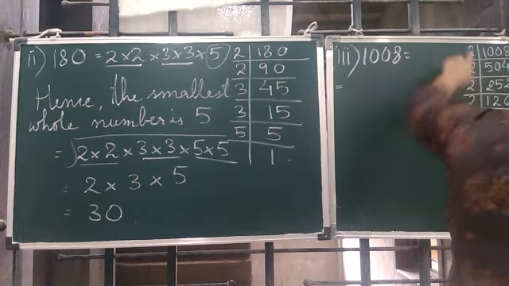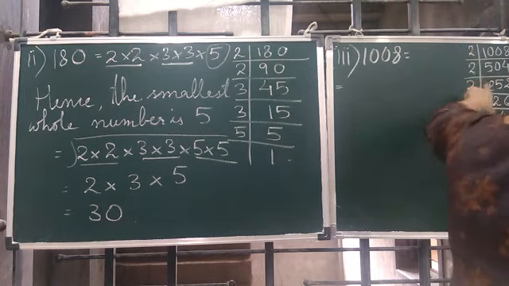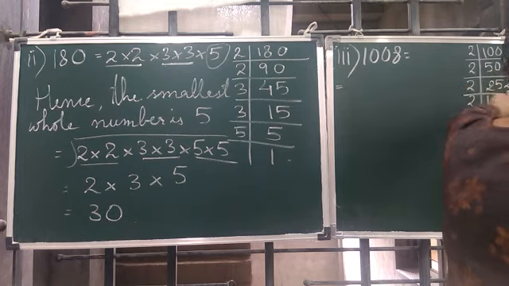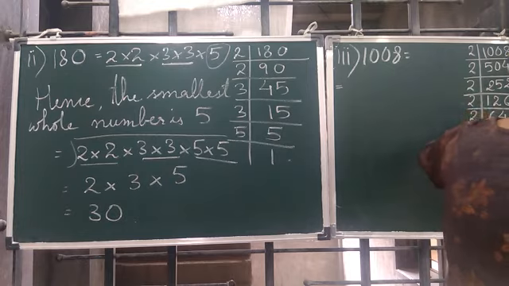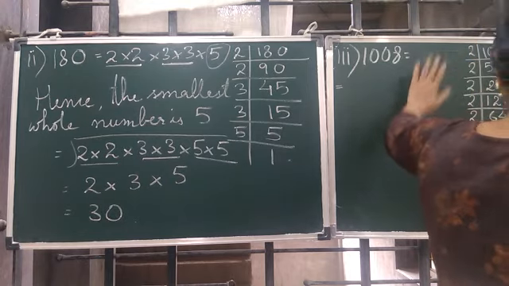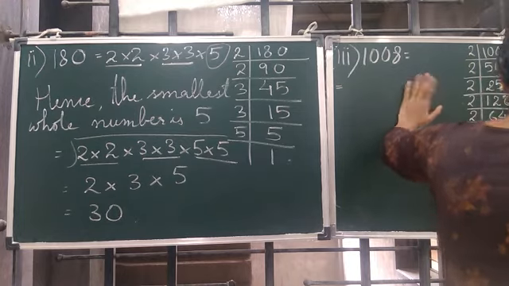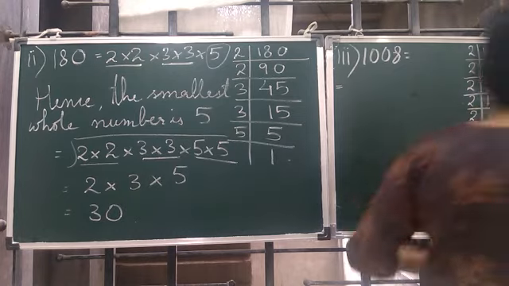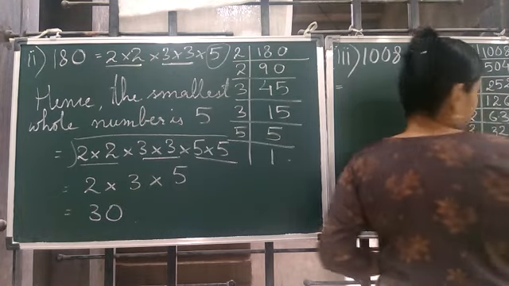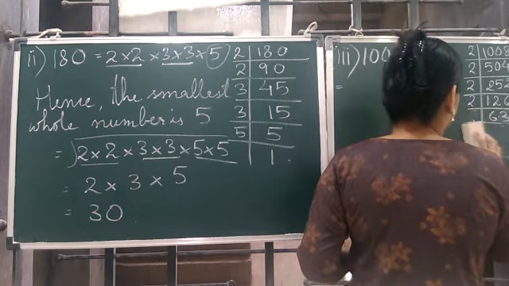Did I make any mistake or what? 2 5s are 10, 2 0s are 0, 2 2s are 4, 2 1s are 2, 2 2s are 4, 2 6s are 12, ouch. 2 6s are 12 and 2 3s are 6 here. From here it will go like this.